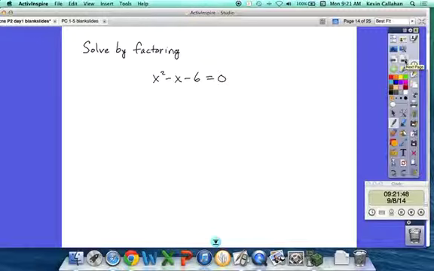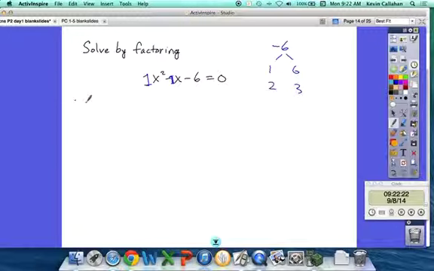So the most basic kind of factoring, the one we actually probably do the best with, is when you have 3 terms, which means trinomial, and the number in front of x squared is a 1. When that's the case, you go through this thought process. What are the factors of -6 that add up to -1? 6 is either 1 times 6 or 2 times 3.